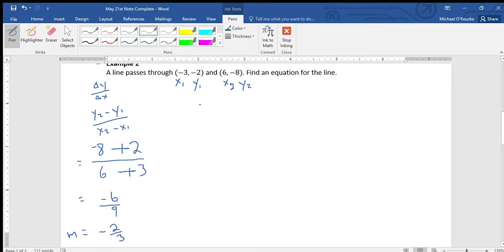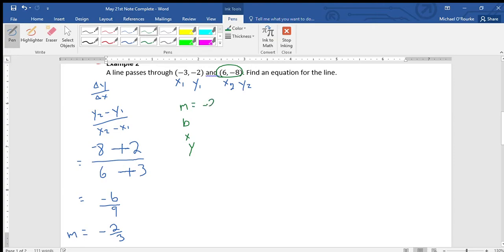Now it's time to find our b. So I'm going to write down everything we need to know here. Let's pick a point between these two. Well, those have negatives. I don't like negatives, so I'm going to use this one. Those both have negatives, this one has one negative. I'll settle on the one negative. So let's plug in everything we know.